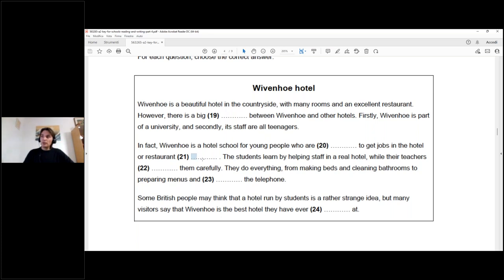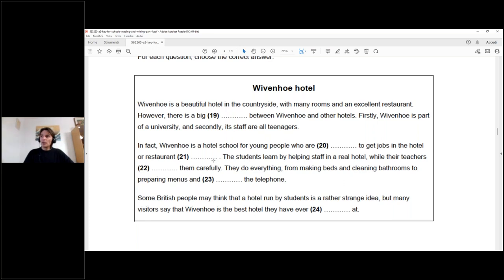So I think that this word 21 may be business. What do you think? Vivenau is a hotel school for young people who are going to get jobs in the hotel or restaurant business. Does it sound good to you?